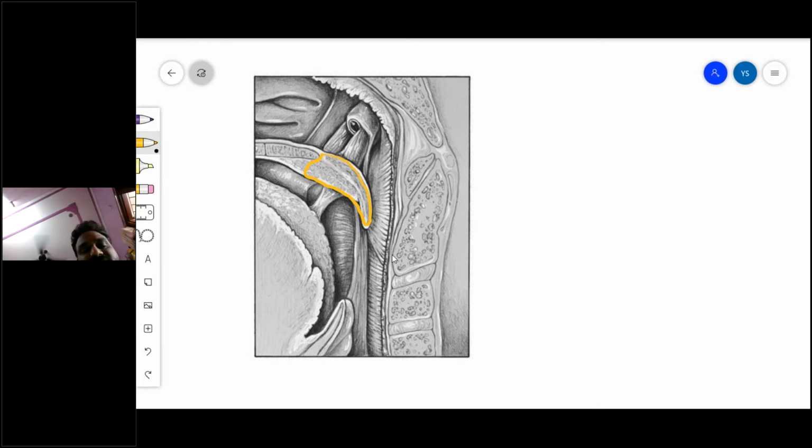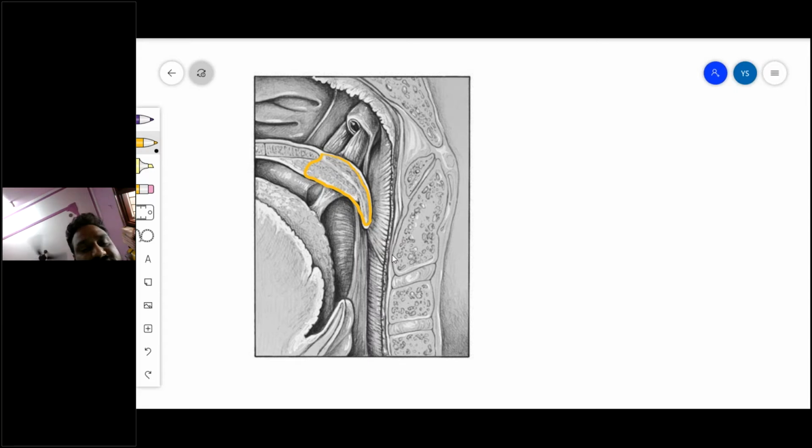If you see the soft palate structure, it is formed by muscles, glandular tissue, and aponeurosis. That's why this one is a fibro-musculo-glandular organ.